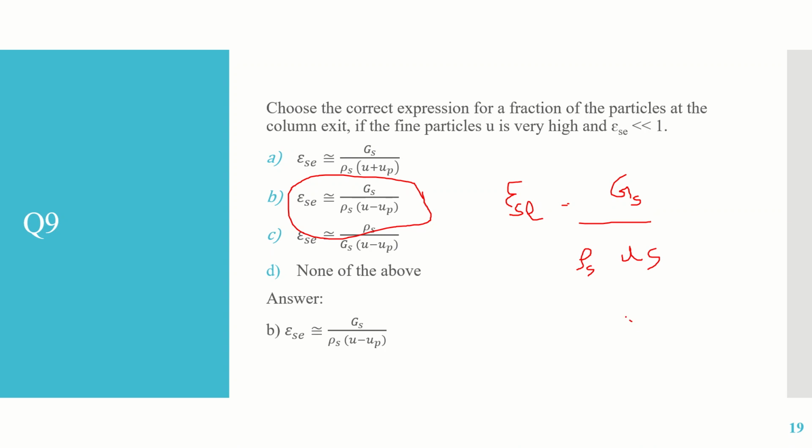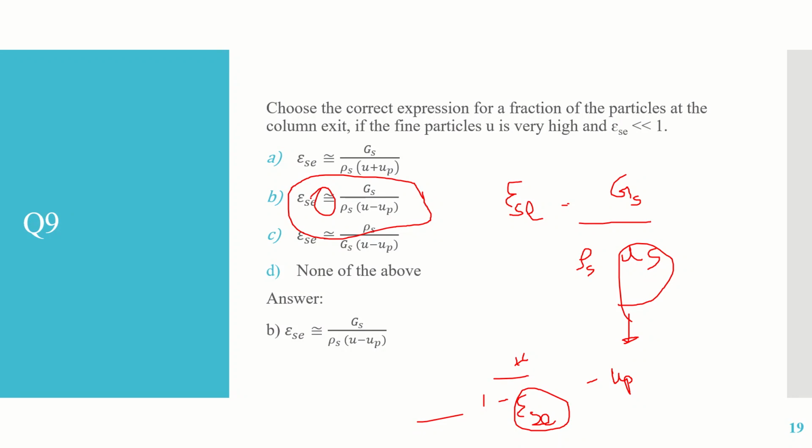This US is the slip velocity, and it is given by U divided by 1 minus epsilon SE, minus UP. It is mentioned that epsilon SE is very much lesser than 1, so that term becomes 1, and it becomes U minus UP. Epsilon SE is equal to GS by rho S into U minus UP. Since it is only an approximation, we are using this.